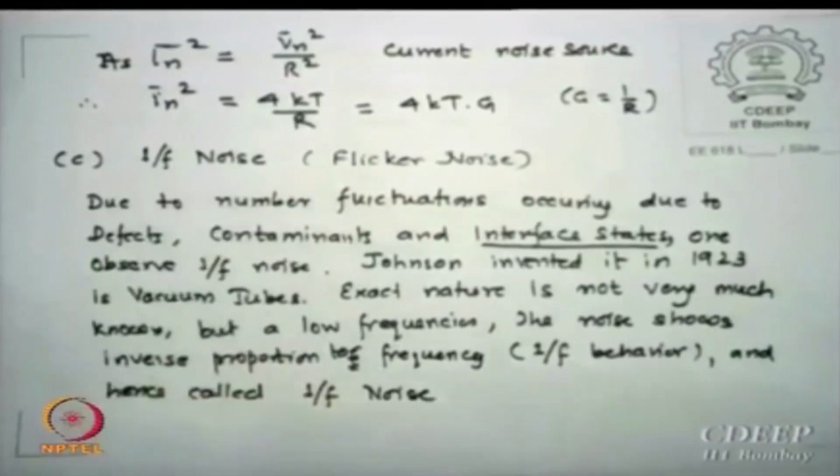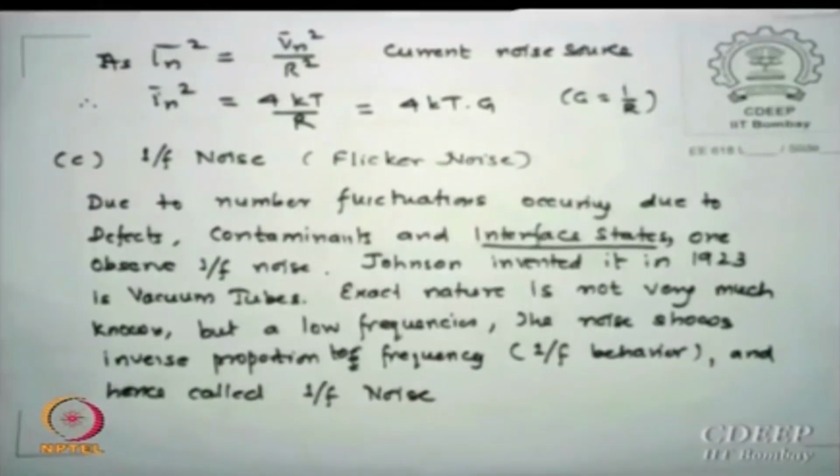What he says is that due to the number of fluctuations occurring due to defects, contaminants and interface state density, one observes 1 upon F noise. In the case of a MOS transistor, the silicon and silicon dioxide or any other insulator has an interface between insulator and semiconductor, and the current transport is at the surface of this interface, is that correct?